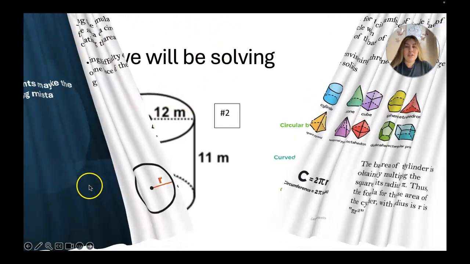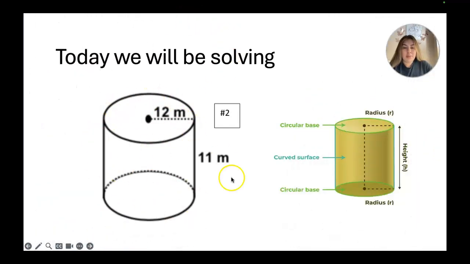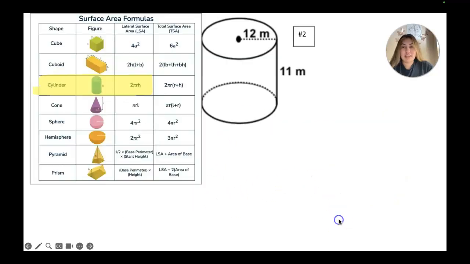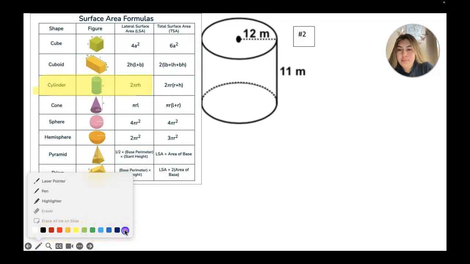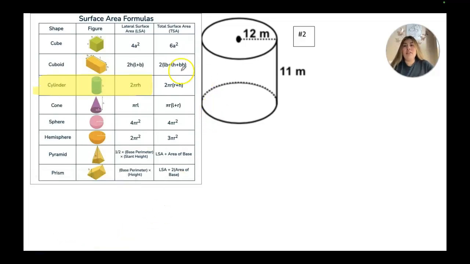Today we will be solving this cylinder, and we will be solving the lateral surface area, the total surface area, and the volume in the following slides. Here I have the formula for the lateral surface area, so that's the one we will be using first. With this formula provided, we can solve this problem.